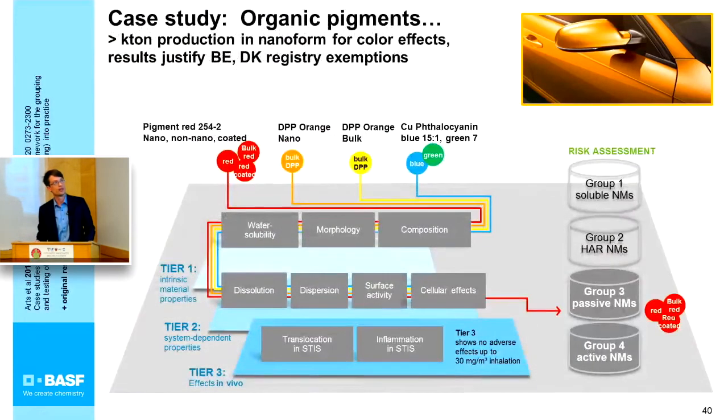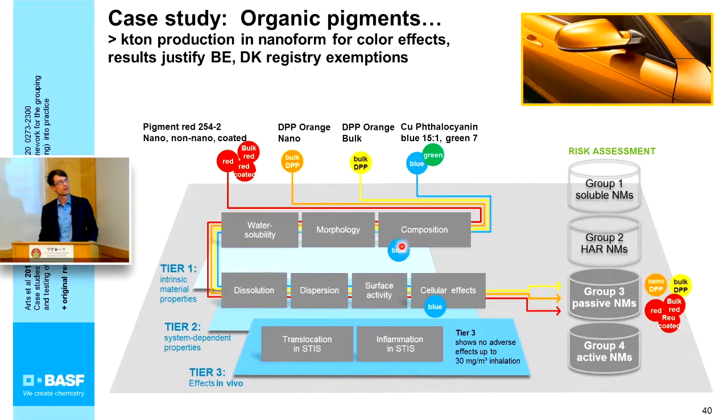And if we now apply them to our grouping scheme, then it turns out that for this red organic pigment, whether it's coated or nano or non-nano, they are all passive. The same applies for two different sizes, nano and non-nano, of the oranges.